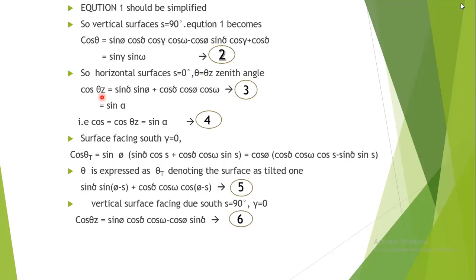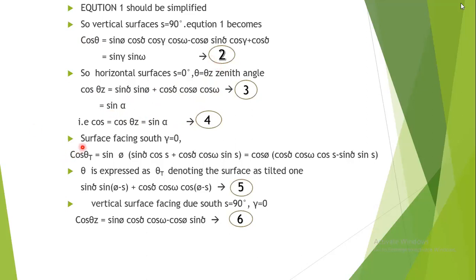So cos theta z is equal to sin delta sin phi plus cos delta cos phi cos omega. After simplifying this equation, we finally get the answer sin alpha. We are treating these as equations 4, 3 and 2 respectively.